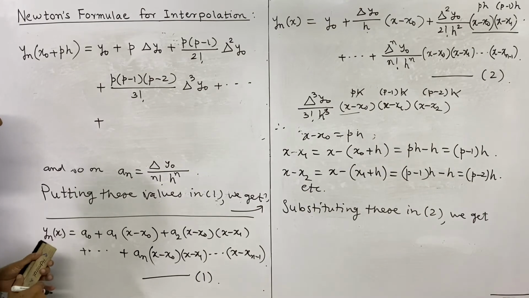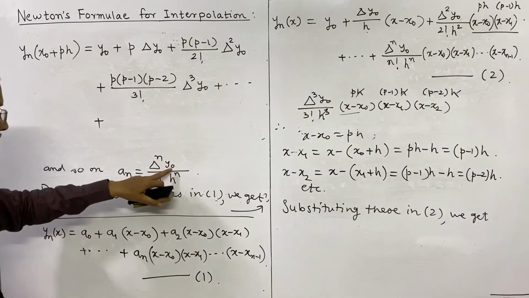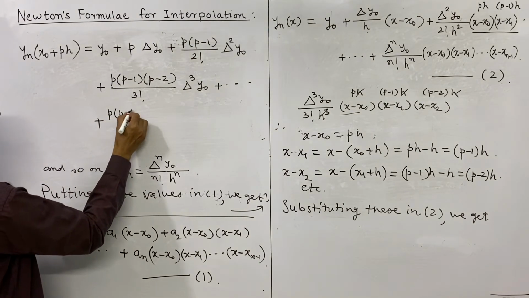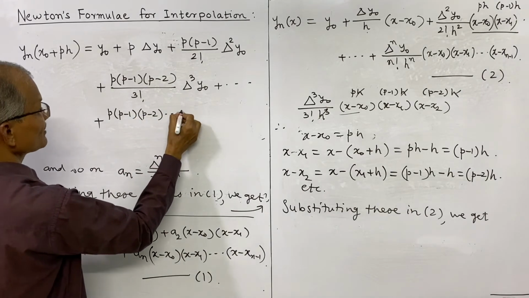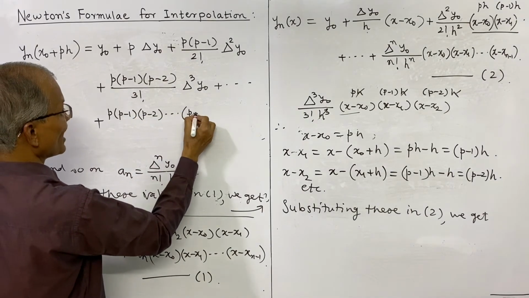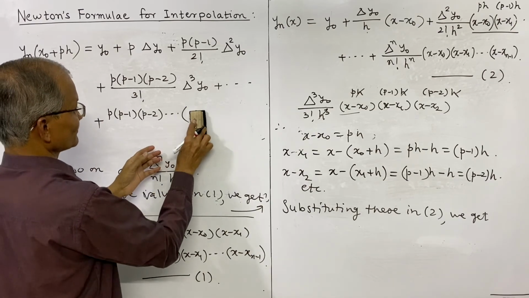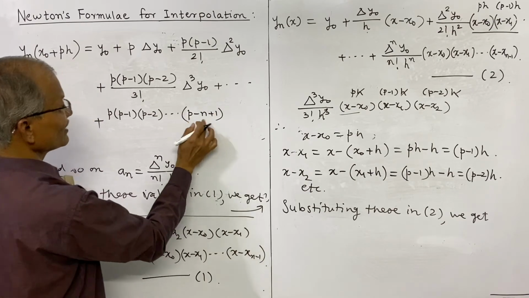Now what is the last term? That is delta raised to n y naught, and that term will have p into p minus 1, p minus 2, and the last factor will be p minus n plus 1. Why is it the last term?